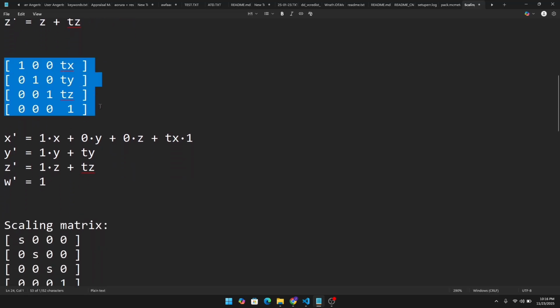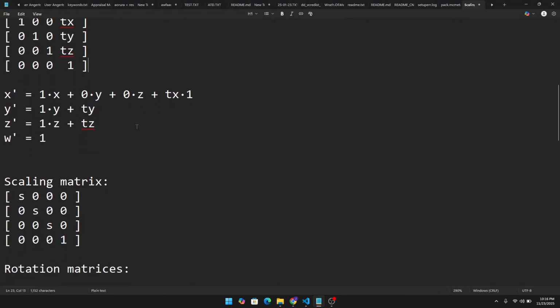So this is what it should look like in a 4 by 4 matrix, multiplied with a point x, y, z, 1.